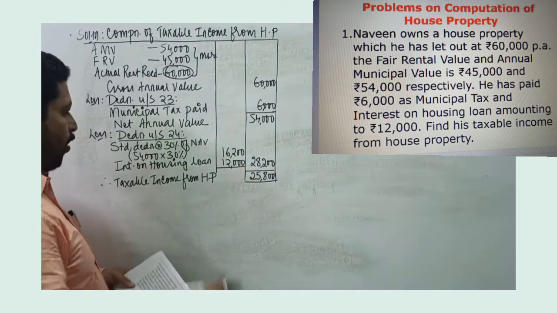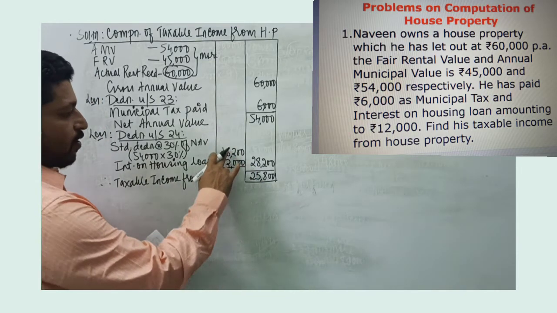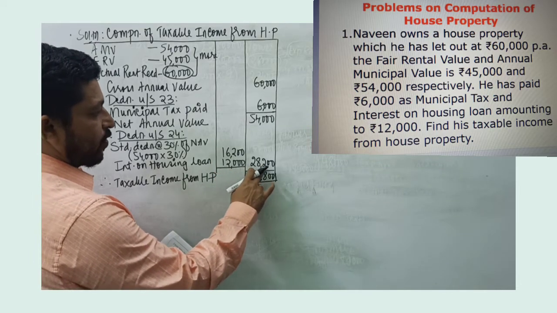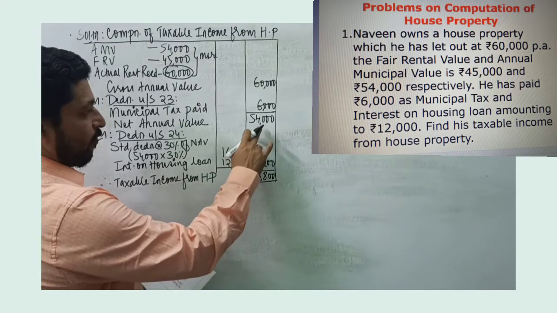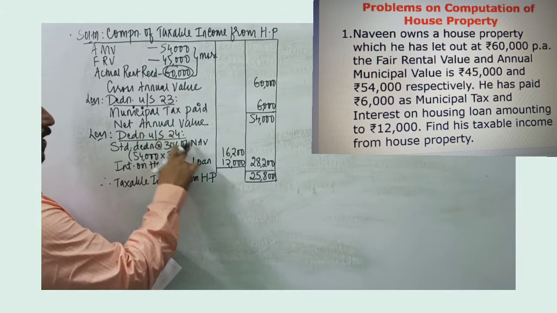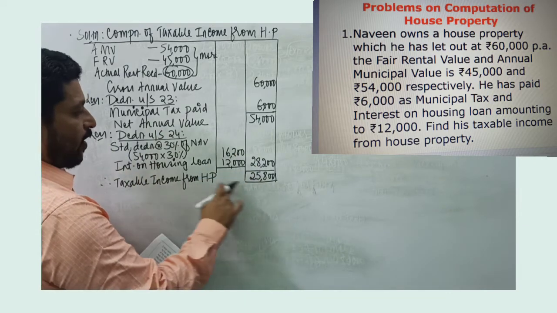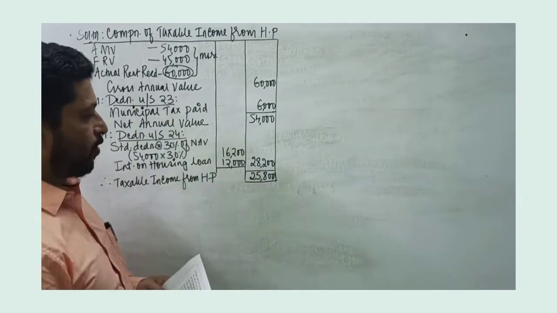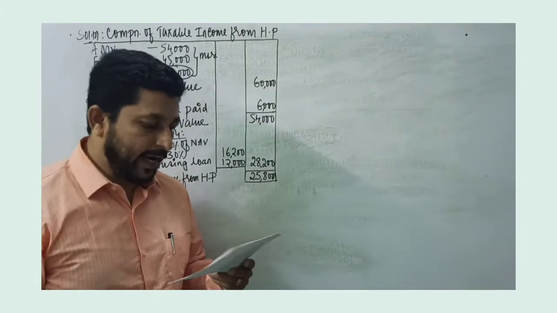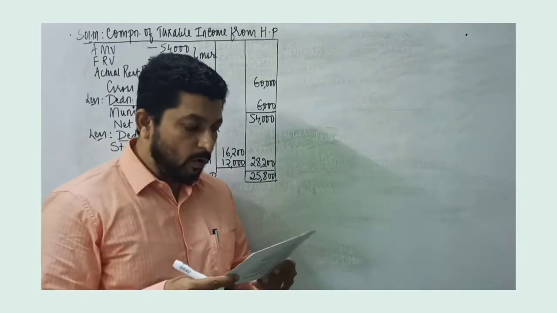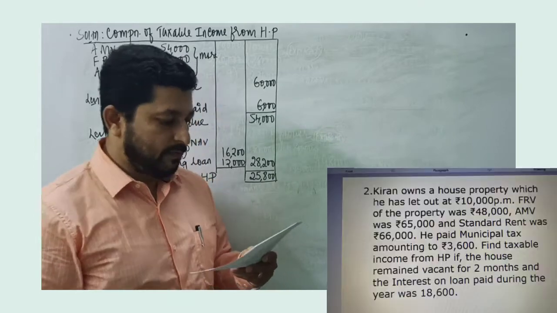Then there is interest on housing loan given, which is 12,000. So total 28,200 to be deducted. From 54,000, if we deduct deductions under section 24, we arrive at taxable income from house property, which is 25,800. Now let's look at the next question.